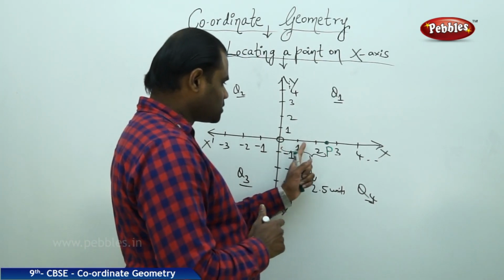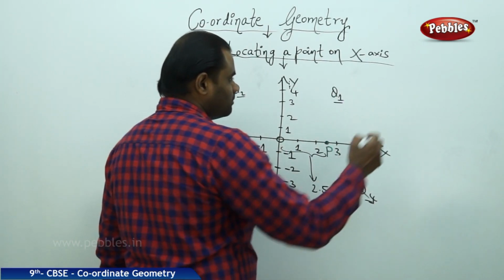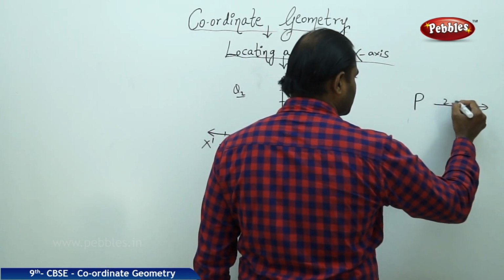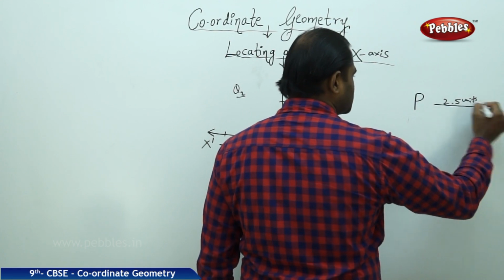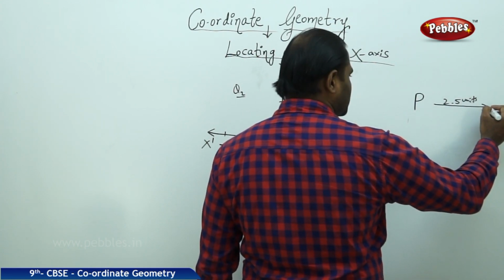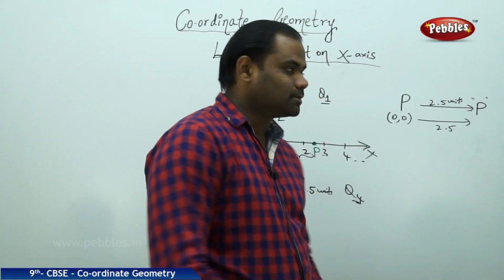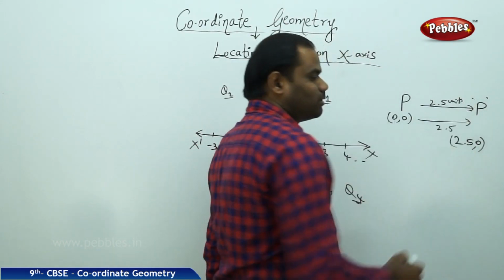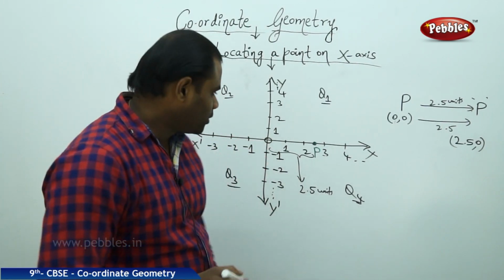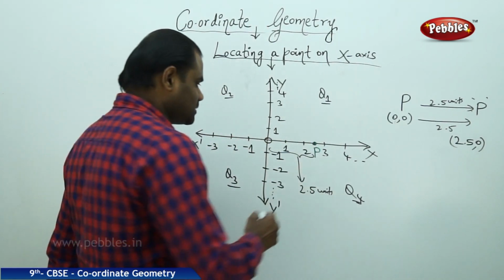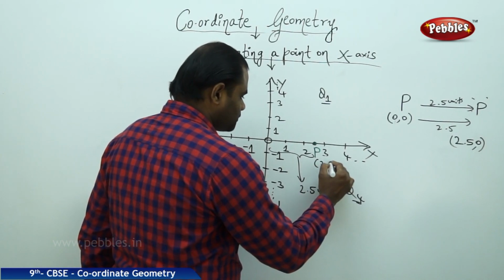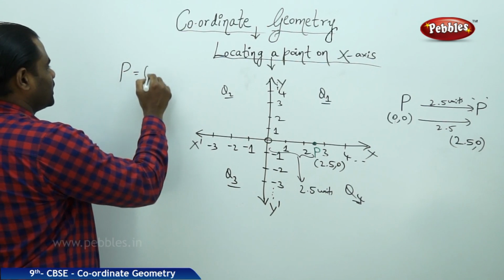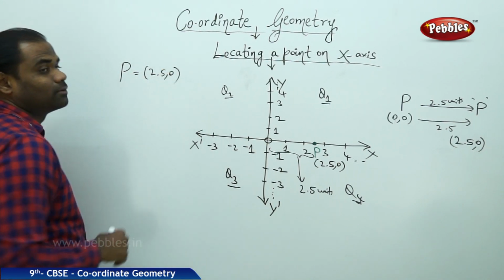So my point P moves 2.5 units to the right and doesn't move anywhere up or down. So I have my 2.5 which comes out here as (2.5, 0). So the point which moves towards the right on the x-axis is (2.5, 0). So I could identify the coordinates of P as (2.5, 0).